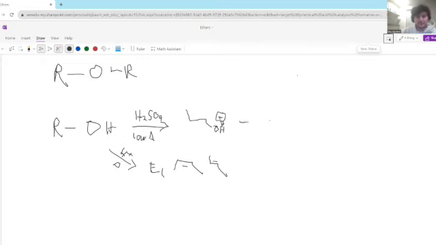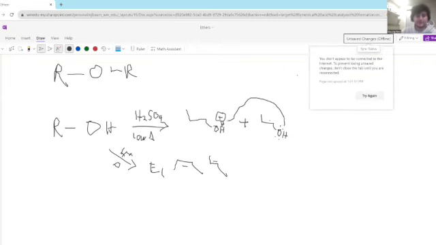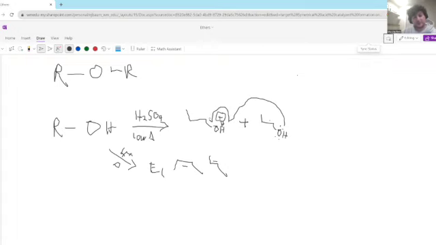What happens is this gets attacked by another one of the propanol nucleophiles that is lying around, and this doesn't attack H, it attacks this carbon right here, and it performs an SN2 reaction, and the water cleaves off.